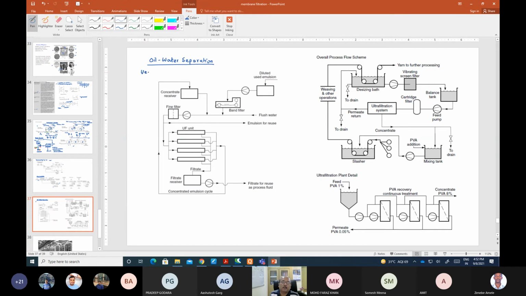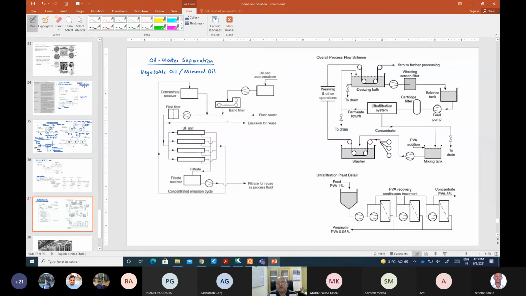So vegetable oil and mineral oils are used as lubricant, and obviously there is a washing process and cooling. So the oil and water gets mixed.